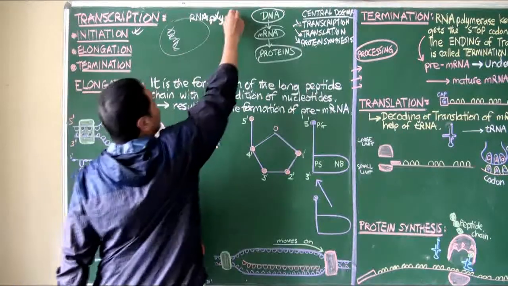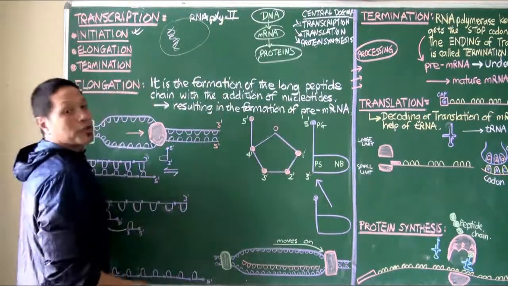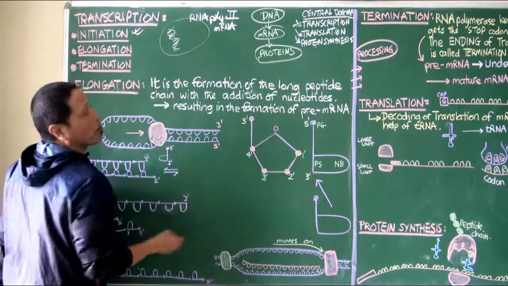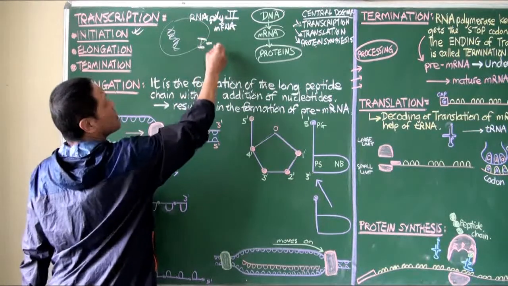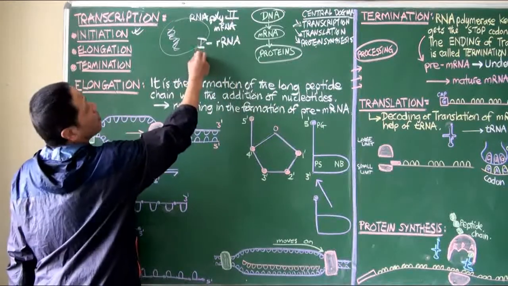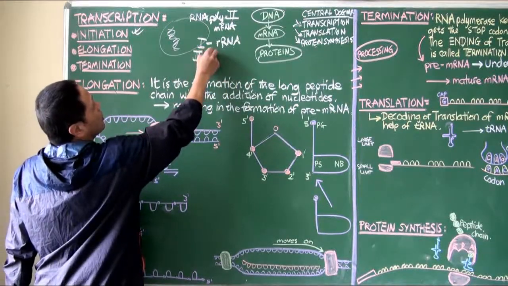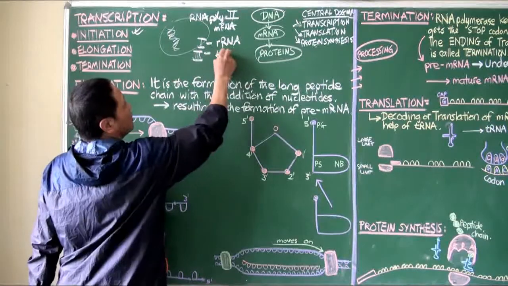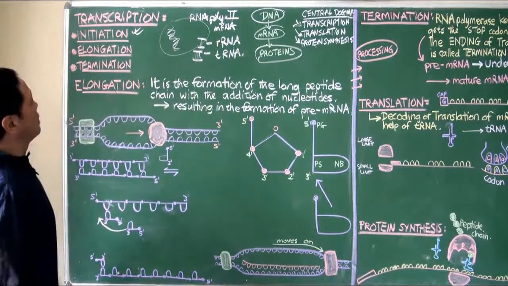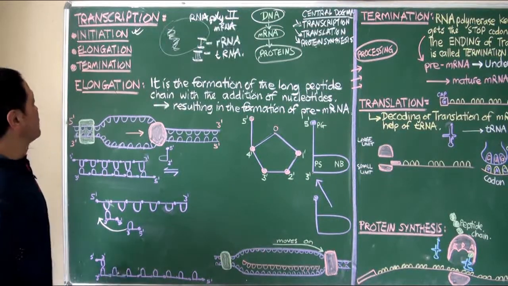This is RNA polymerase 2, which produces mRNA. RNA polymerase 1 produces rRNA, and RNA polymerase 3 produces tRNA. These are things we've done in the previous videos.